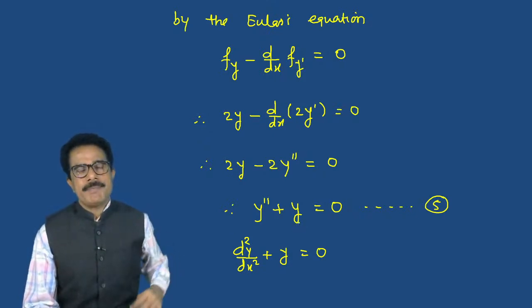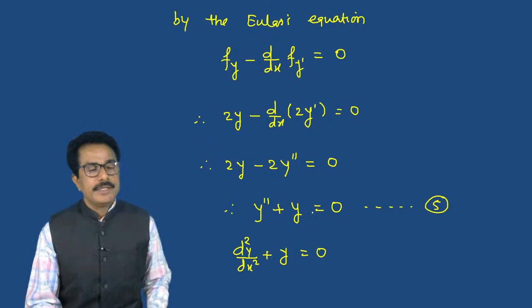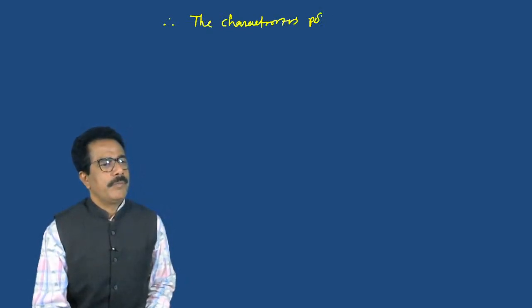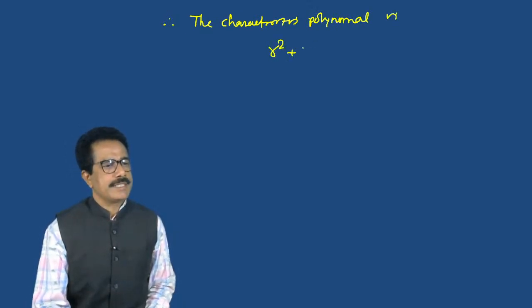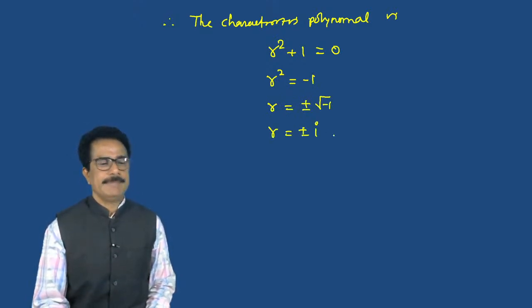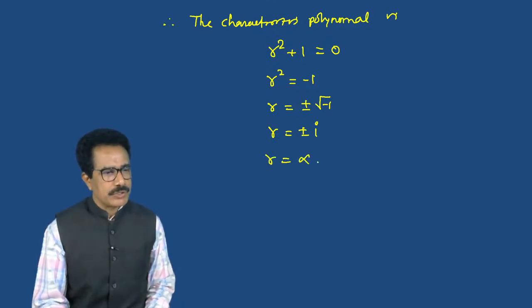The characteristic polynomial is r square plus 1 which is equal to 0, r square is equal to minus 1, r is equal to plus or minus root minus 1, r is equal to plus or minus i. That is r is equal to alpha plus or minus beta i.